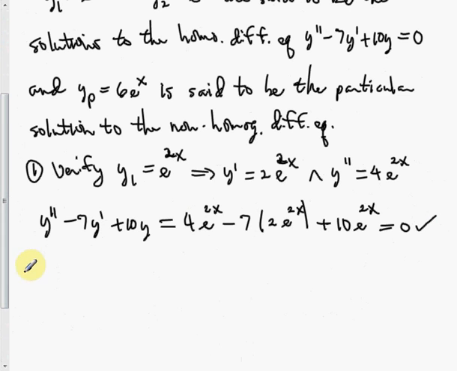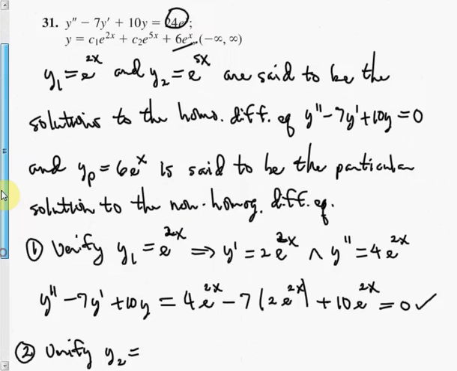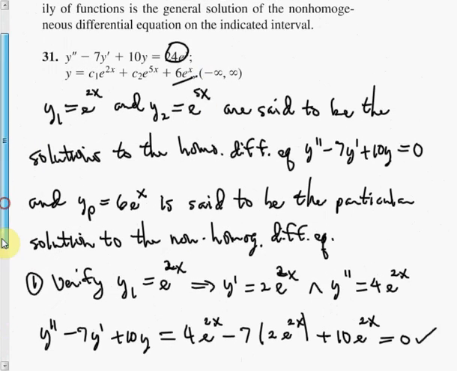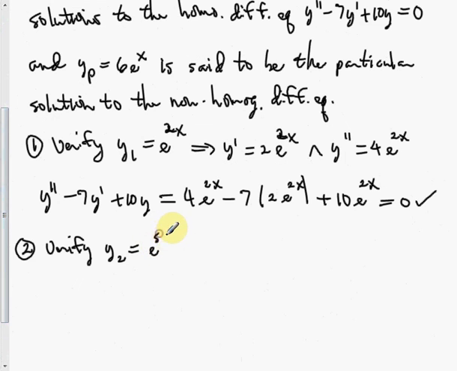And then, secondly, we verify y sub 2 equal to e to the 5x. Well, this implies that y prime is 5 times e to the 5x, and y double prime is 25 times e to the 5x.